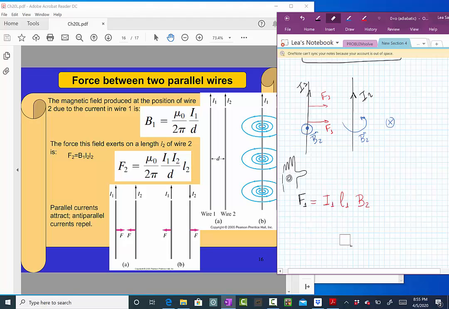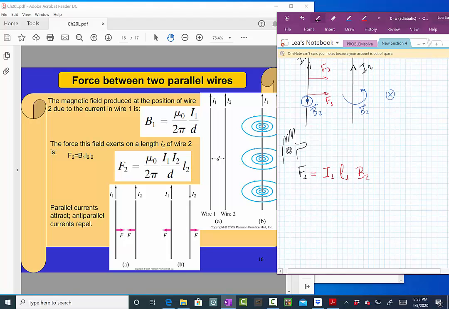Let's do that as we did before, and you'll see we're going to find basically the same equation. So we'll have I1, L1. What is B2? The constant, depending on the current I2 and the distance between the two wires. So we find a very similar equation: the constant, I1 and I2, the two currents, the distance between them, but here we have the length of wire 1 because this is the force on wire 1.